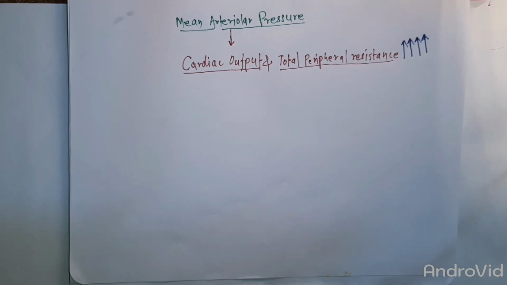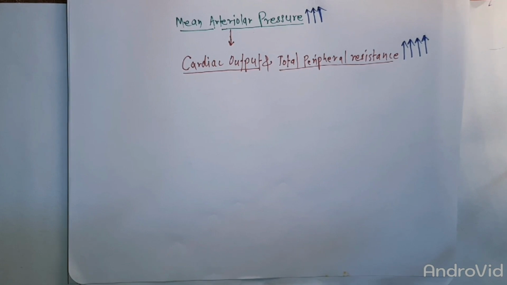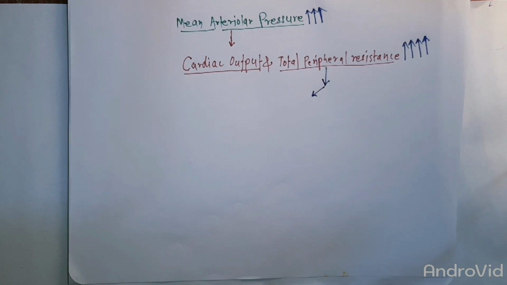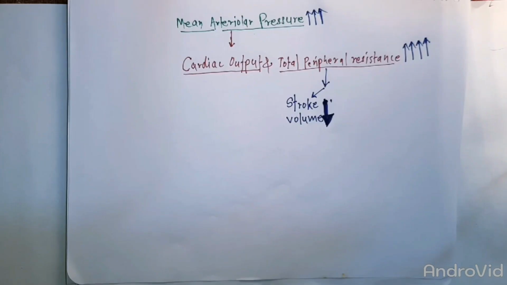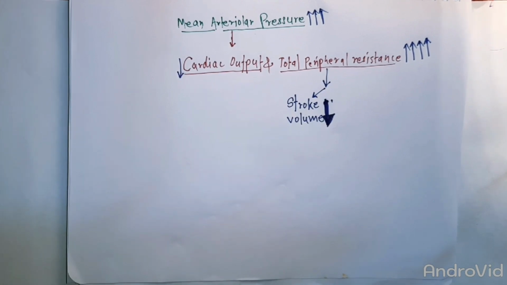Then the mean arterial pressure also increases, but not as much as expected, because we know that the cardiac output and total peripheral resistance are interrelated. When we increase the total peripheral resistance, the stroke volume decreases, then it decreases the cardiac output, so the effect of both the cardiac output and total peripheral resistance determines the mean arterial pressure.